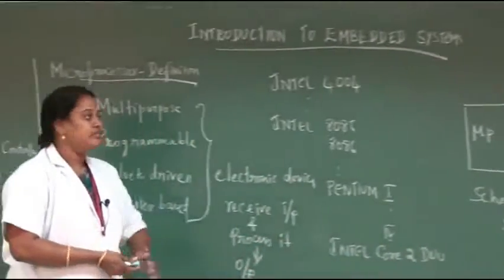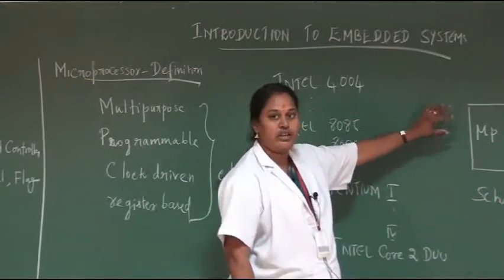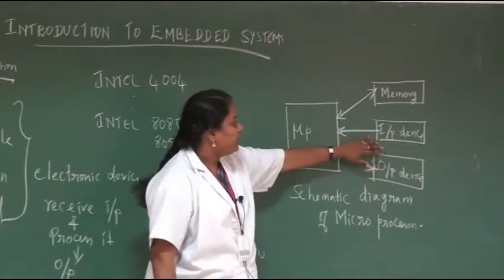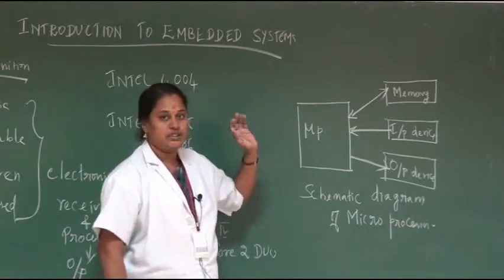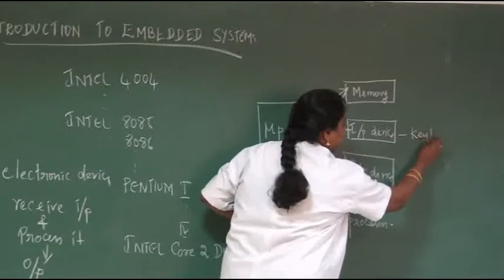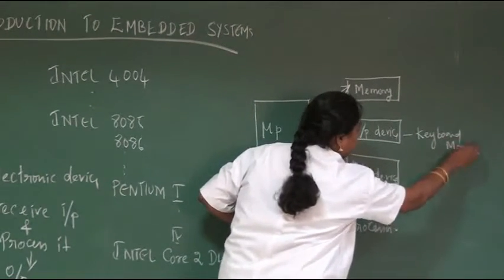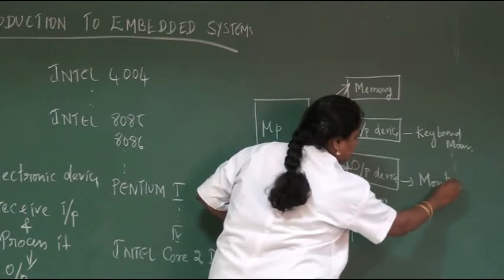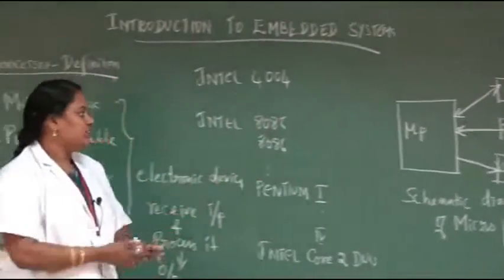This is the diagram which shows the definition of a microprocessor, which is an electronic chip that receives the instructions from memory and the input from the input device, processes it and sends the output to the output device. The input device may be our keyboard, mouse, or your output device may be the monitor or any video display devices. So this is the definition.